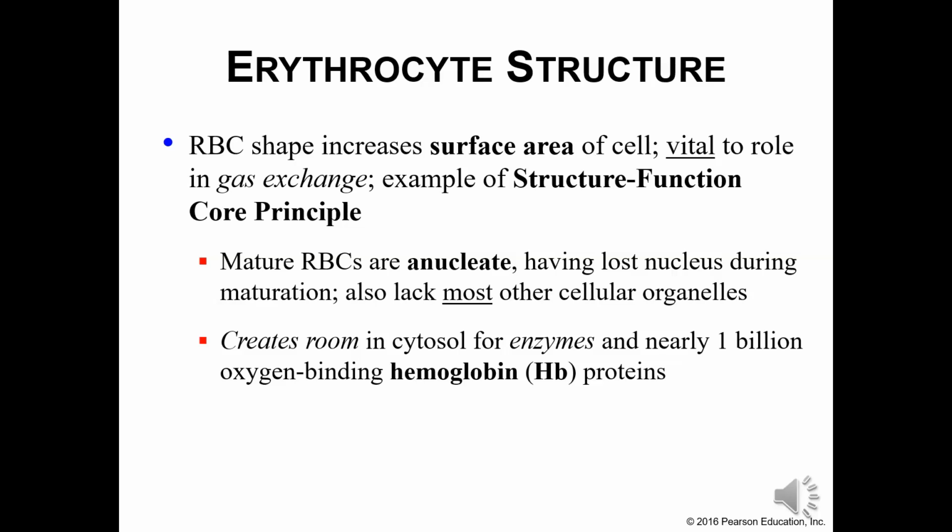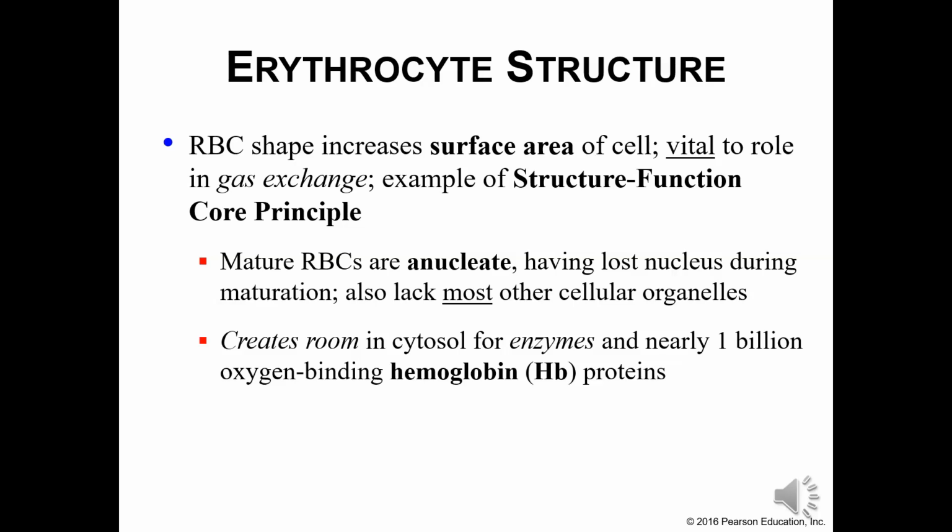So that surface area for the red blood cell shape is very important for its chief function of your blood, which of course, like I mentioned, is gas exchange. Mature red blood cells are anucleate, which means they lack their nucleus, and they also lack most of their cellular organelles.